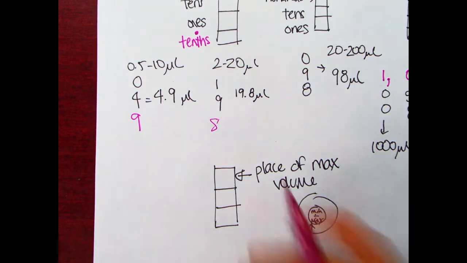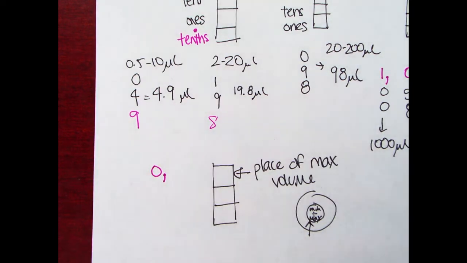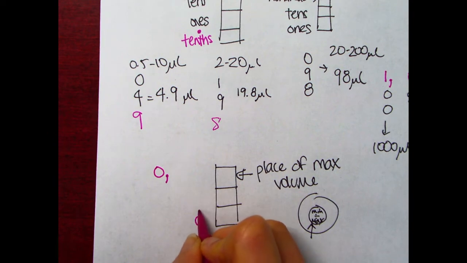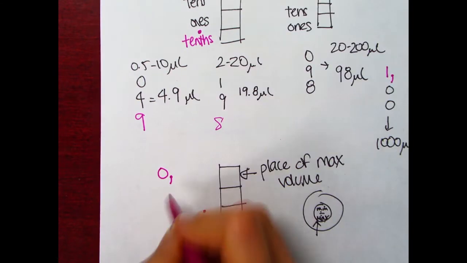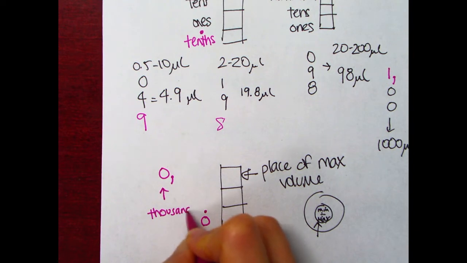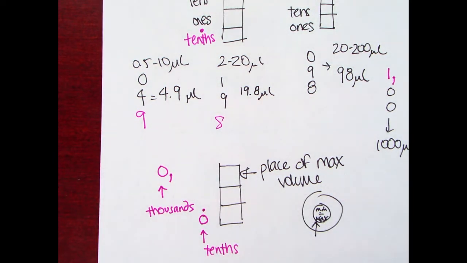If you have a red number at the top, then that number is going to be followed by a comma. If you have a red number at the bottom, then that red number is going to be preceded by a decimal. So this one is going to be thousands of microliters, and this one is going to be tenths of microliters.